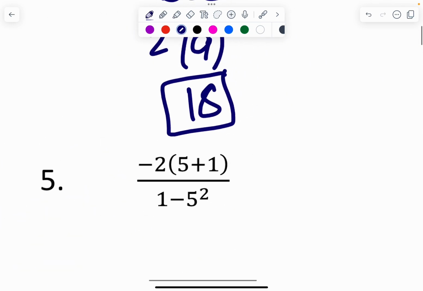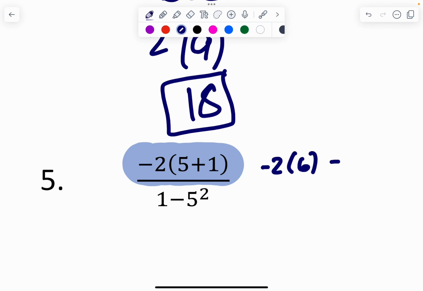Over here we have a fraction, which really just means do the top first, then do the bottom next, and then figure out what you get and simplify. So if you just look at the top, what we have is parentheses first. So this is really -2 times 6, which is -12. And on the bottom, this is really 1 minus 5 squared, which is 25, and 1 minus 25 is -24.